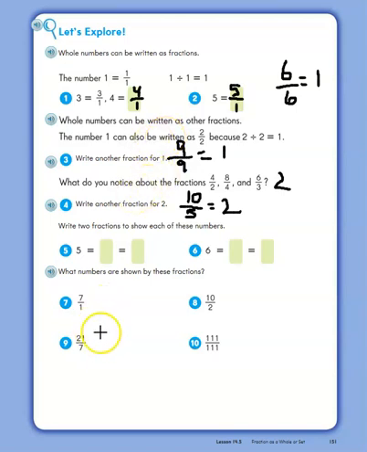Okay, number 5 says write 2 fractions to show each of these numbers. Well, I know that all I need to do is write a number on top that can divide by a number on the bottom where I would get the answer of 5. So the first thing that I thought of was 25 divided by 5. So I'm going to write my 25 on top as my numerator, and then I'm going to write my 5 on the bottom.